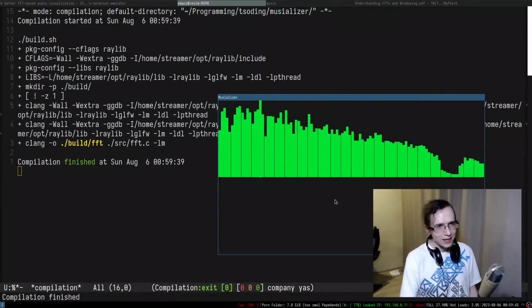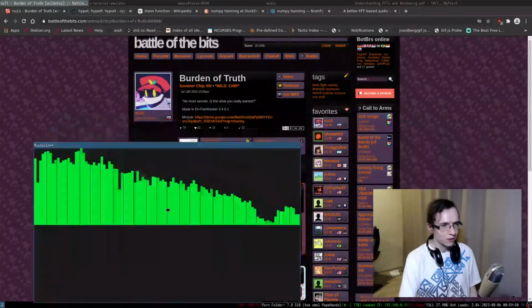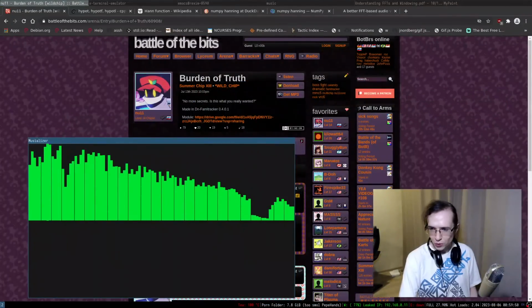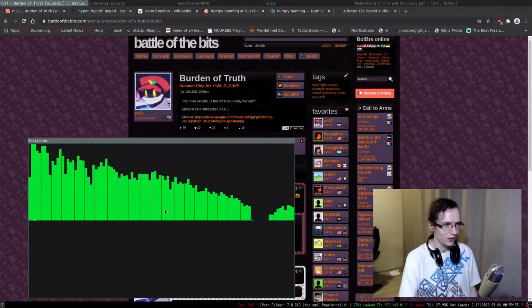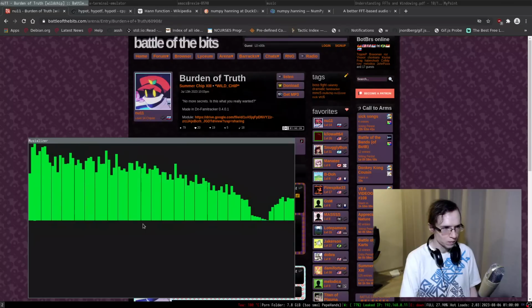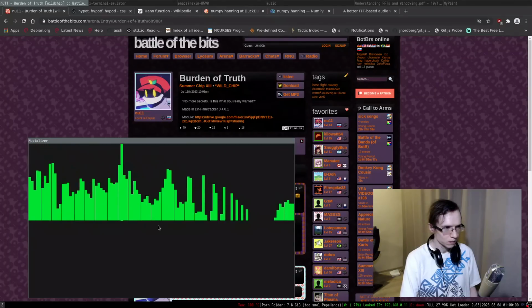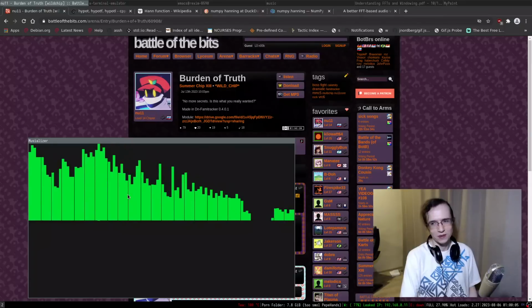But it's already kind of close to what we saw on this website. I want to wait for the moment when individual notes start to play, because this is where it's going to be visible whether it actually works or not. It's kind of close.